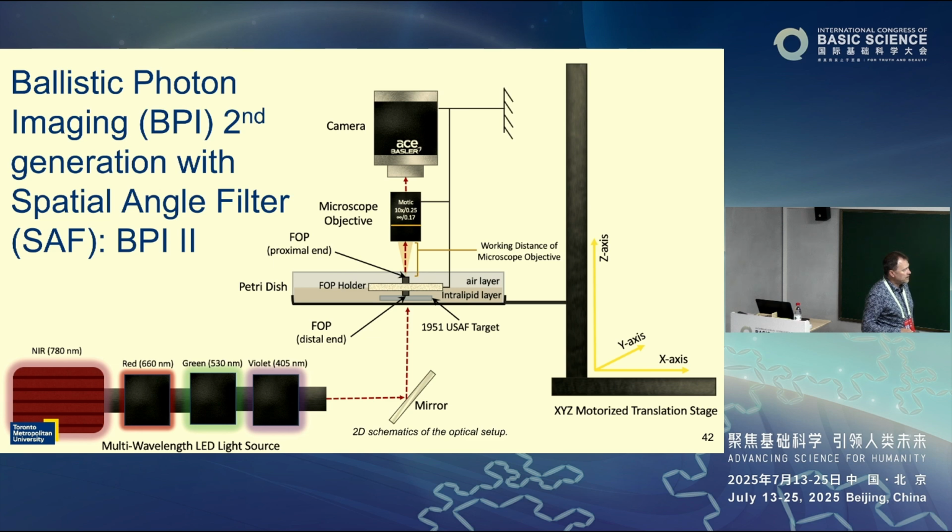We place the fiber optic plate inside the Petri dish with intralipid, and we were reading that with the microscope objective, and then collected by the camera. We also applied 3 different wavelength ranges, and we were trying to figure out which light, which color would work better for our purposes.